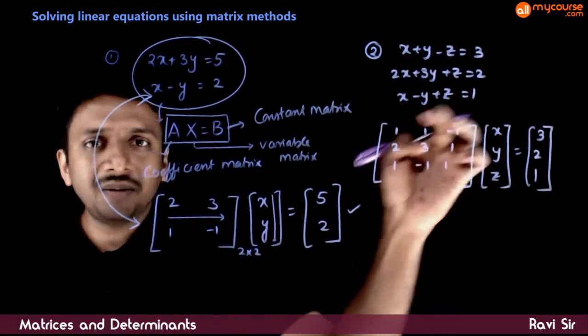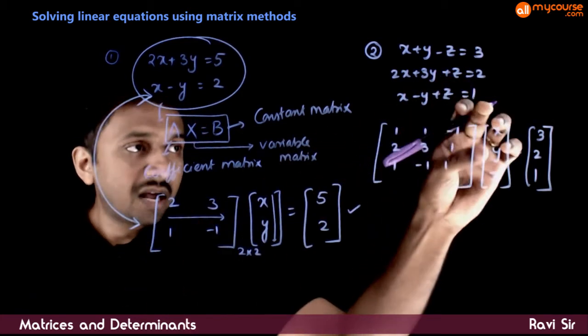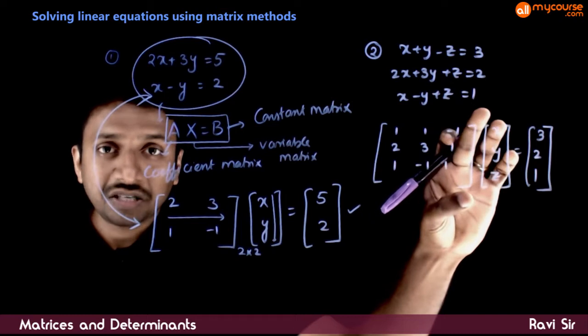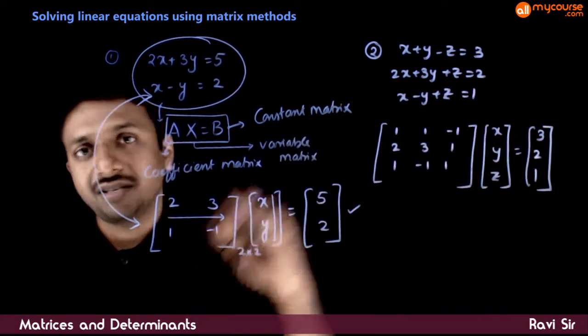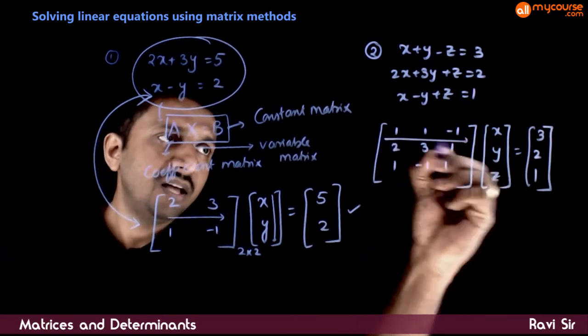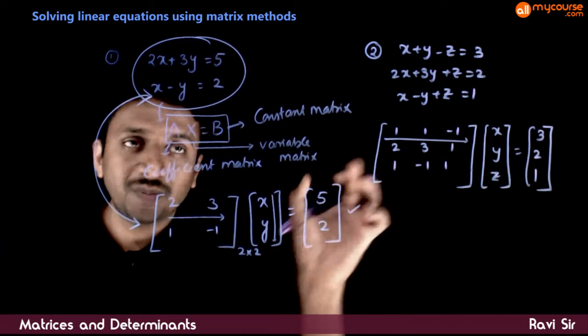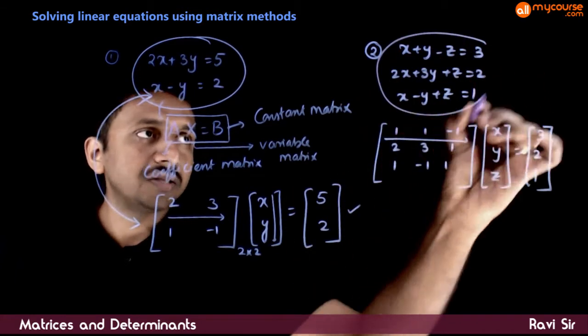If it is a 3 by 3 system, you get a 3 by 3 coefficient matrix, and the variable matrix is always a column matrix; the constant matrix is also a column matrix. As you can see, if you multiply these matrices and equate to this matrix, you get exactly these three equations.